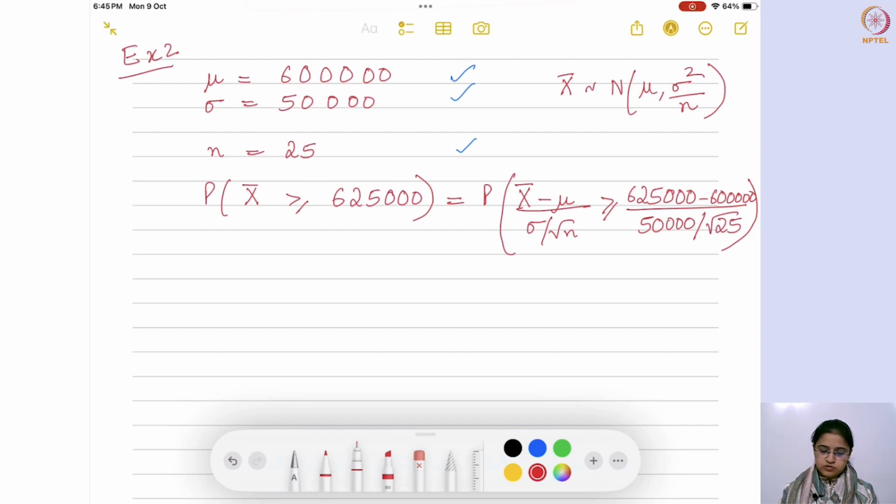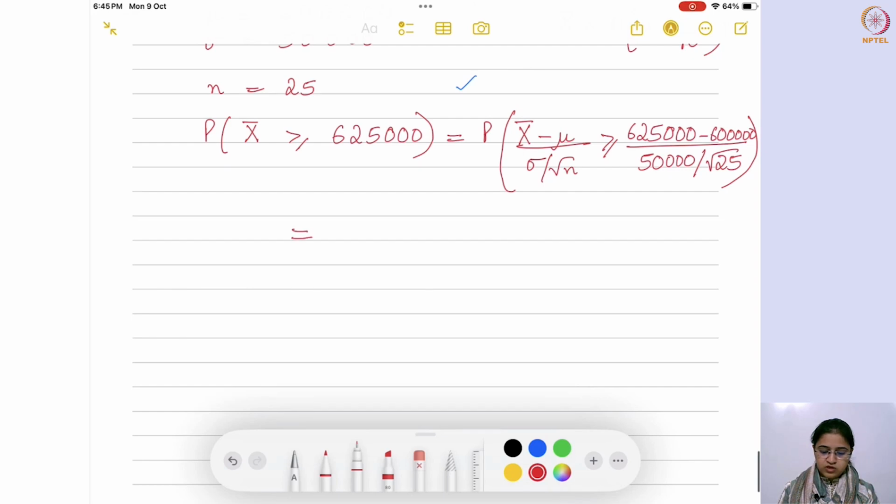This term is basically your standard normal variate that follows the normal distribution with mean 0 and variance 1.